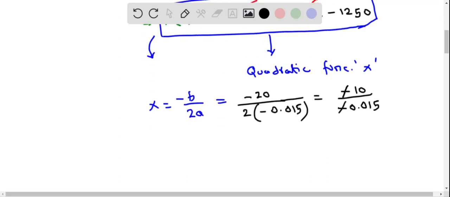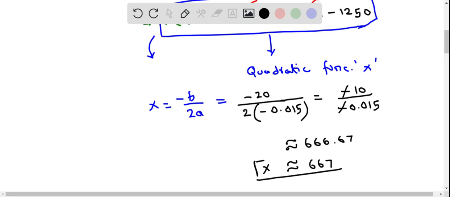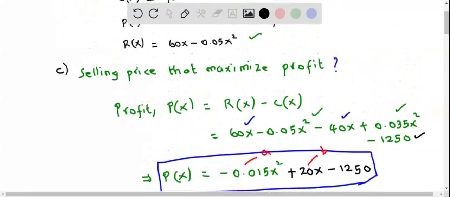When we plug this into the calculator, we get approximately 666.67. We approximate this to a whole number, 667. So we found that at x approximately 667 calculators, the profit is maximum.